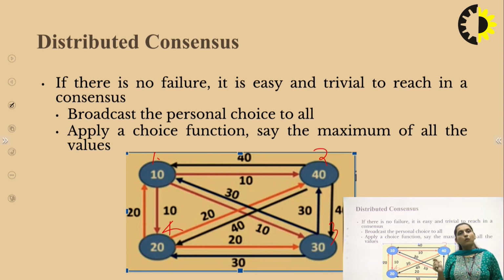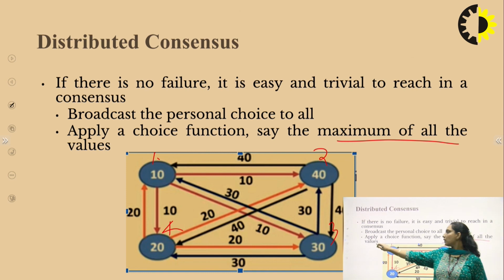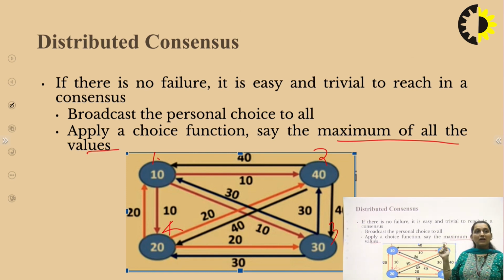So they vote, and the maximum vote is what gets ordered. In this example also we are having a maximum value choice, the maximum of all the values. To node 10 we will get the value of 40 from a neighboring node, broadcasting is 30 also, and this 20 also. On 40 also they will get requests from the neighboring 10, 30 and 20.